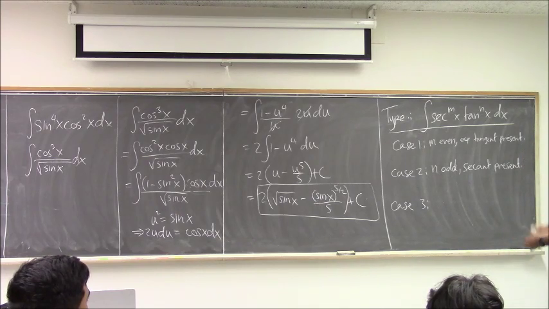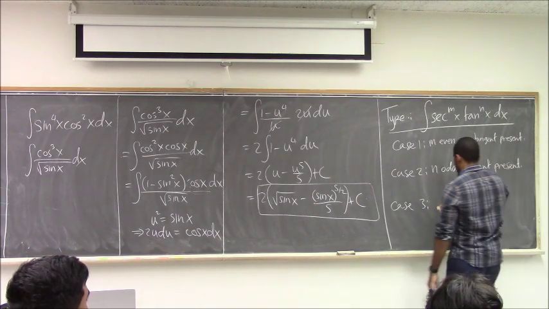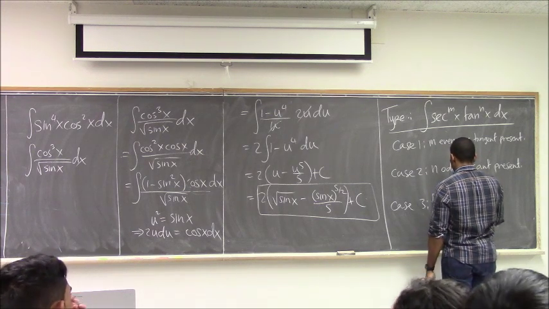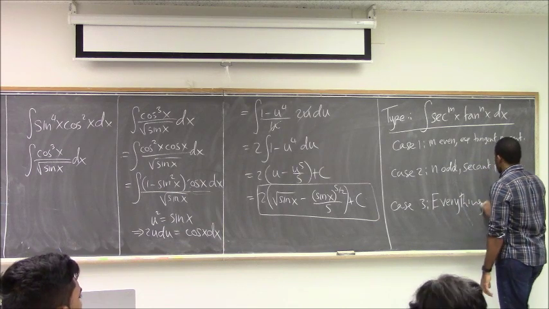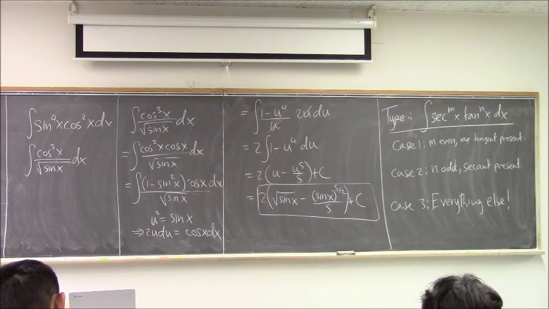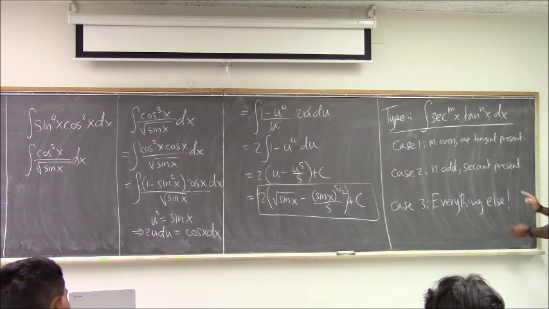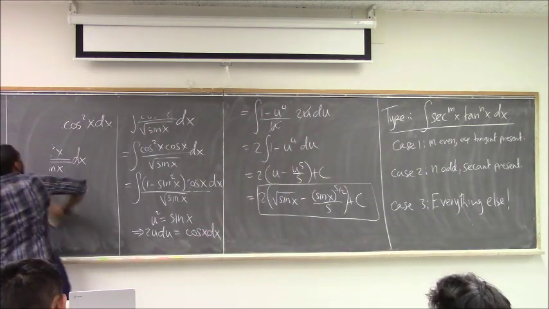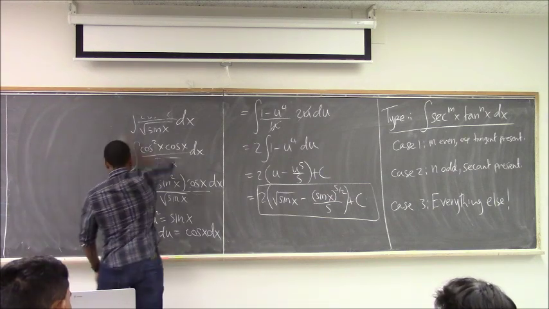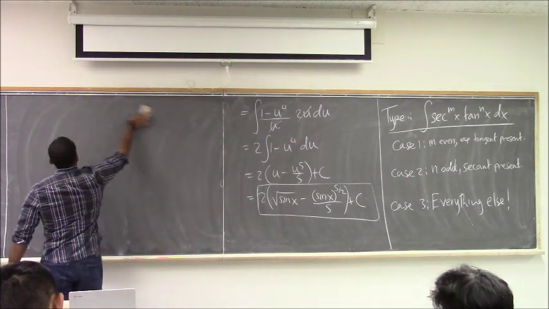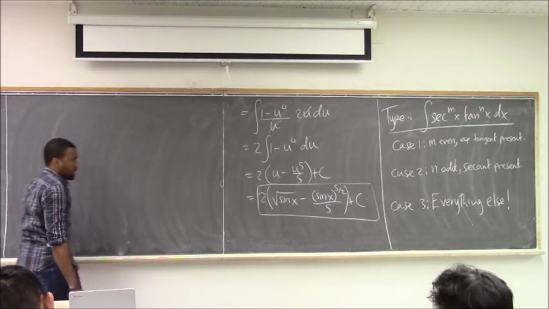Or you can actually force it to be present through identities. And case 3, believe it or not, everything else. So the power of secant is even and the power of tangent is odd. We have 2 nice methods for those, and then I'm going to tell you how to deal with every other situation all at once. So the first 2, pretty much going to get through those quickly.